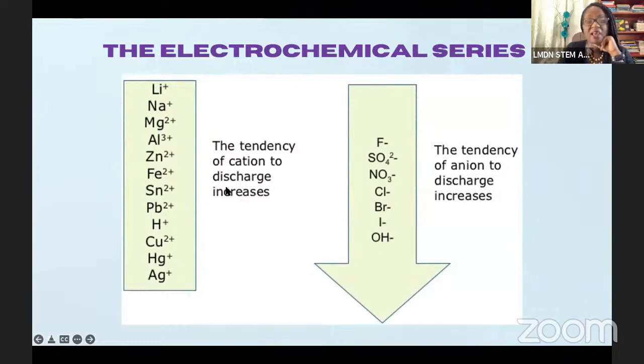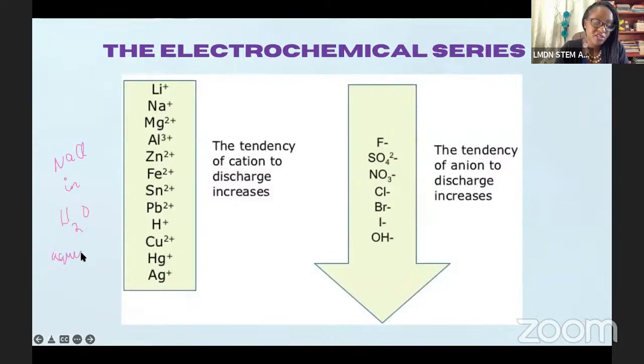oxidized. Similarly at the cathode, if the cations in my solution are sodium and H+, that's from an aqueous solution standpoint, guys. Say I have sodium chloride. Let me just write it out real quick. If I have sodium chloride and I dissolve that in water, that's an aqueous solution, right?